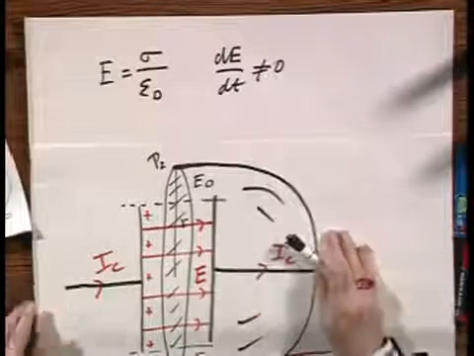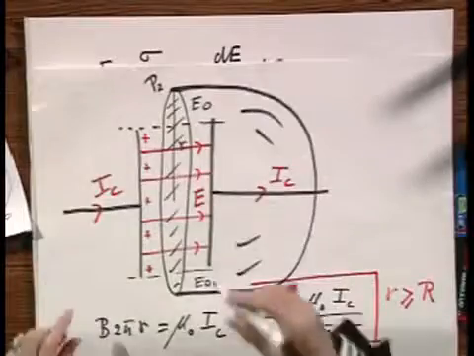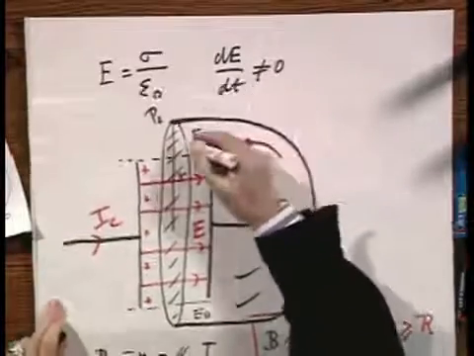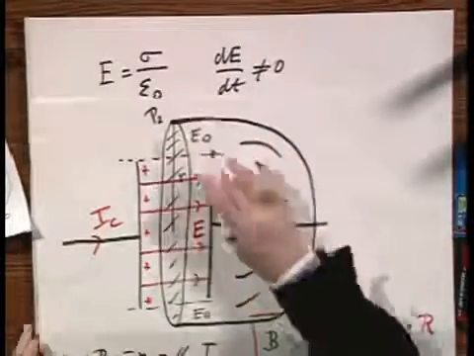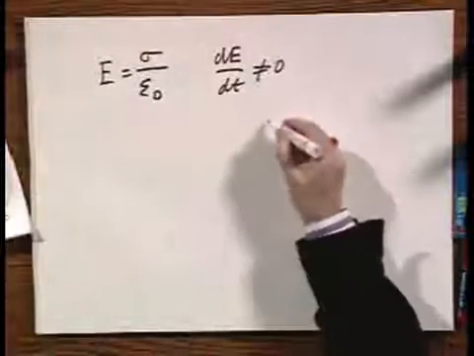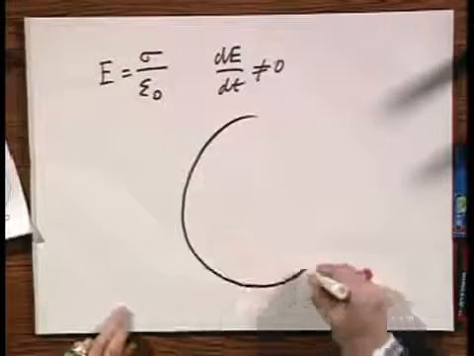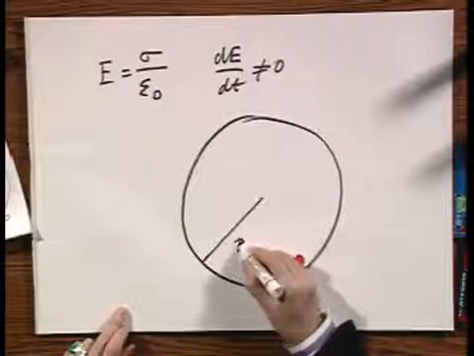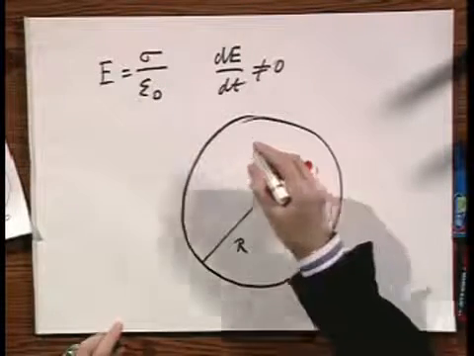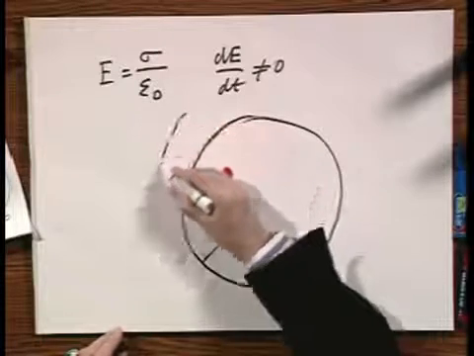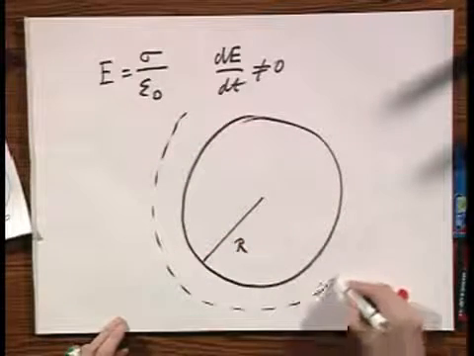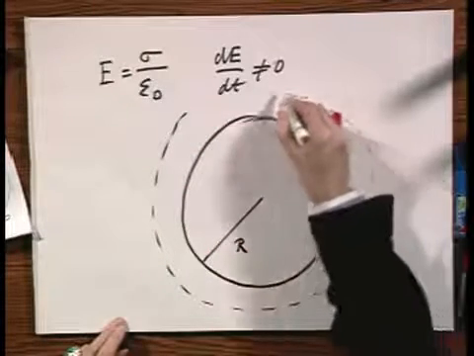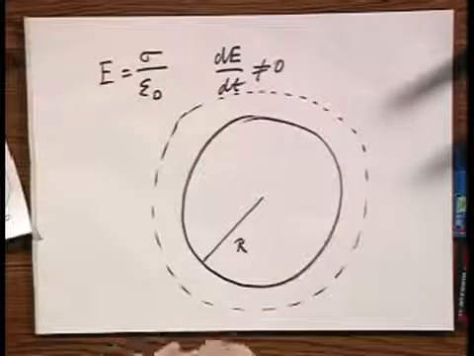Well, how do I calculate now the changing electric flux through this surface? I'm going to make a slightly different drawing. This is a circle with radius capital R. So that's the capacitor plates. And this is the circle through which point P2 goes.